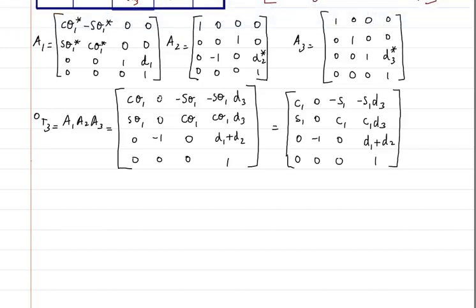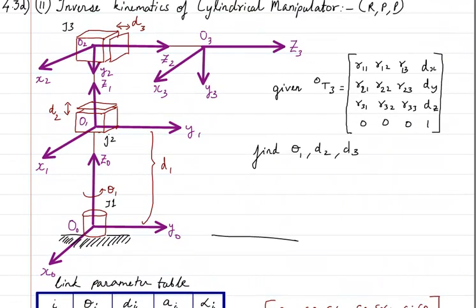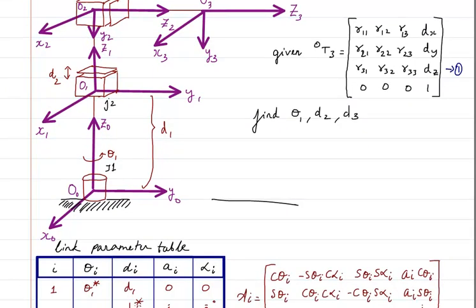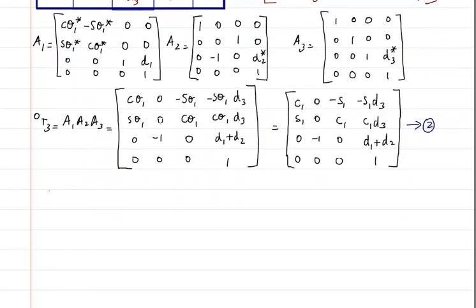So this I will write as equation number 2, and the given one I will write as equation 1, and based on that I will write, equating 1 and 2. So equating 1 is equal to 2. I will write both of the equations together.